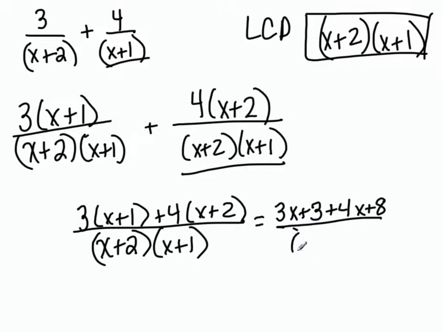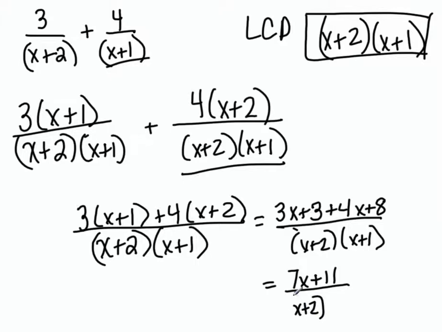And then you got 7x plus 11 on the top, over x squared plus 3x plus 2. You can multiply that out, or you can leave it like that as well. Who has questions? Nothing. Tanner's the only one talking to me. Who has questions?